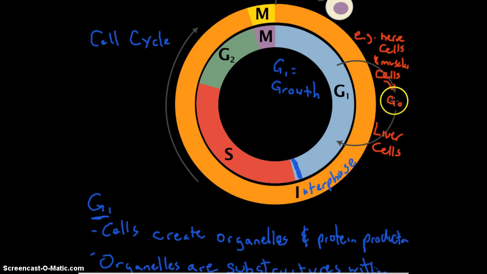So occasionally the liver cells actually come out of G naught into G1, and you can actually regenerate your liver cells, which allows these liver cells to actually go into G1, continue into synthesis, out into G2, and then divide into two equal cells.